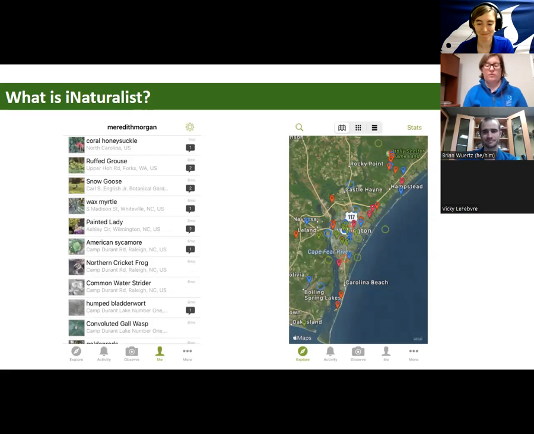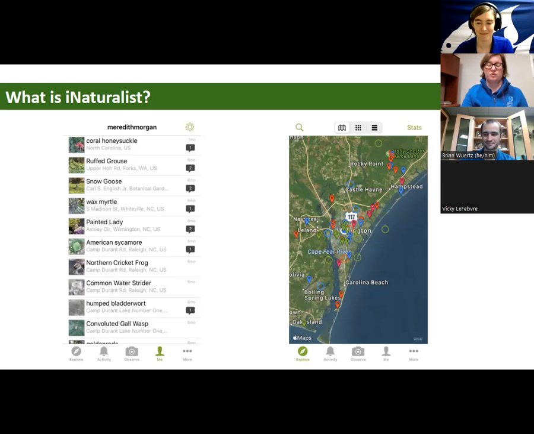The one on the right is a map, the Explorer version of the app. And what you can do is zoom in or zoom out as far as you want. And all of these markers or circles will pop up and show you different observations that were found in that area. For instance, this is showing most of New Hanover County and the observations that were found.